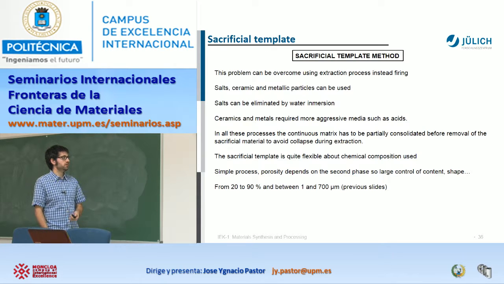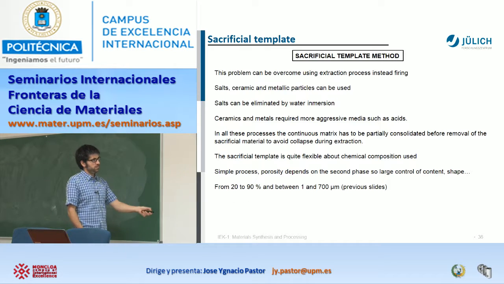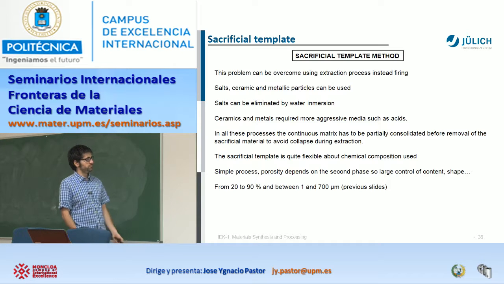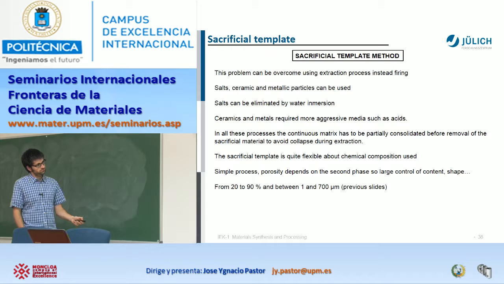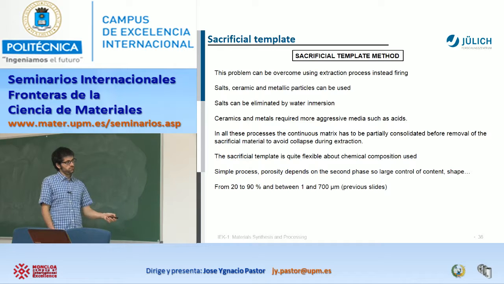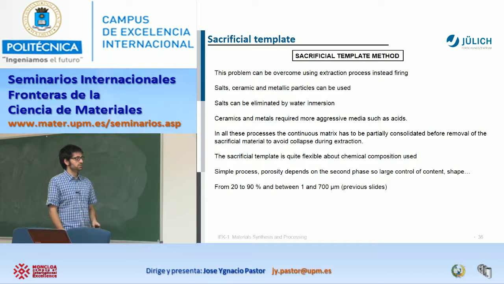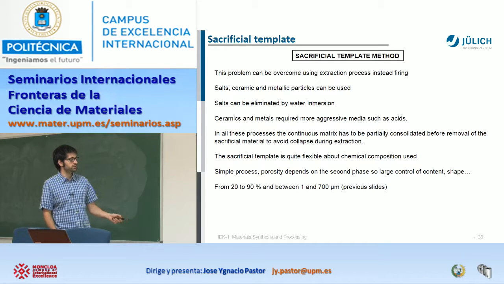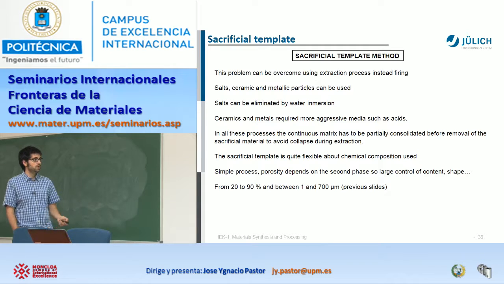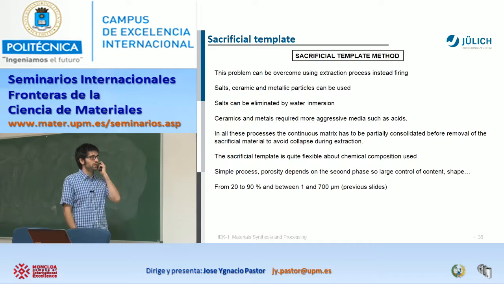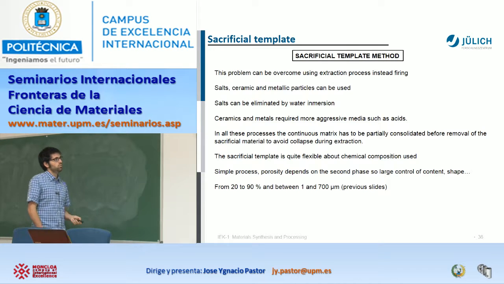It's quite flexible and easy. Just keep in mind that the porosity here goes up to 90%, but also from really low values. This is important, because the other method has really large porosity, while here we are more flexible, between 20 and 90%, and also in pore size, between 1 and 700 microns, which is quite broad.